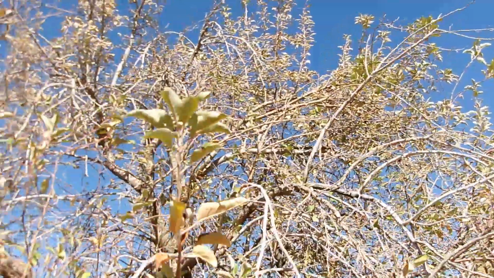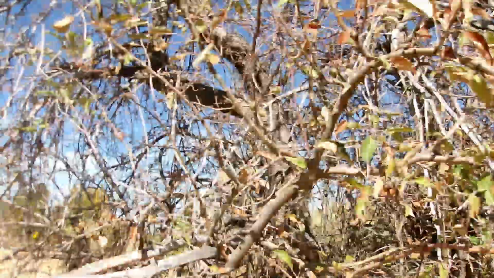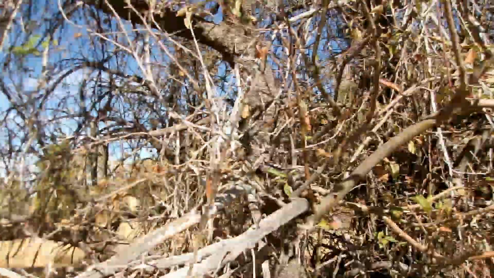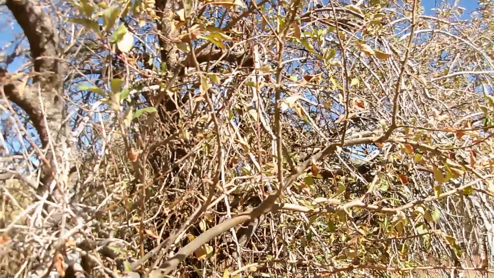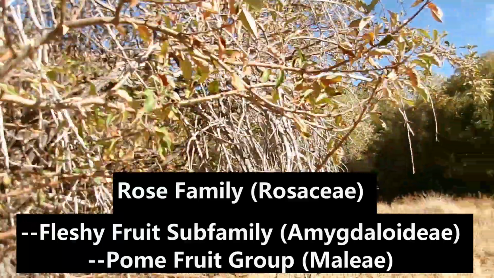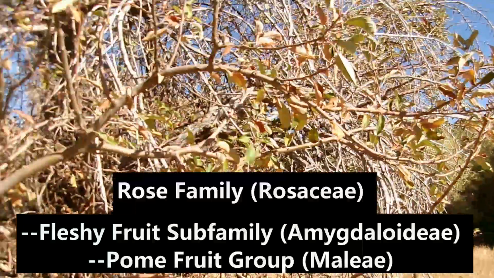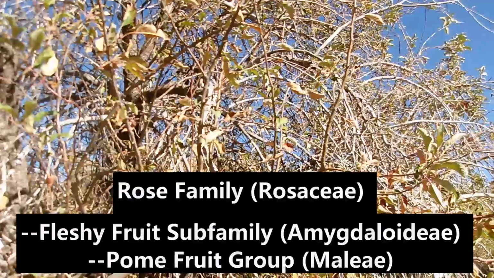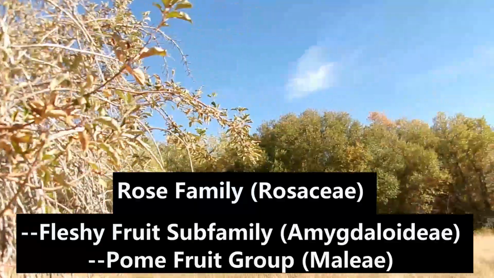So the apple tree is usually a small winter deciduous tree in the rose family, the Rosaceae, and it's a member of the subfamily Amygdaloideae, which includes the cherries, plums, peaches, apples, pears, and quinces.